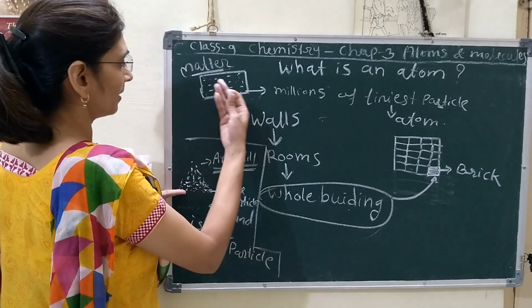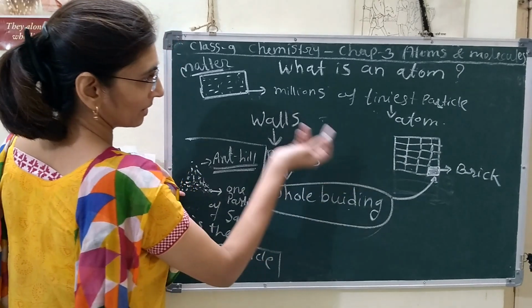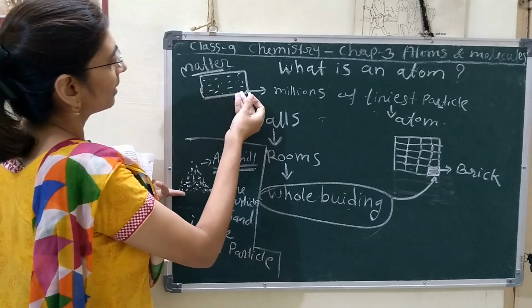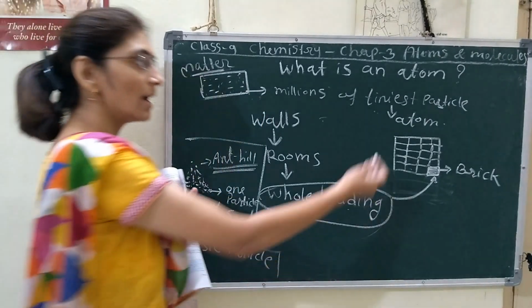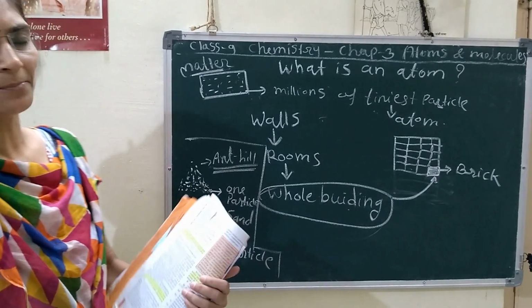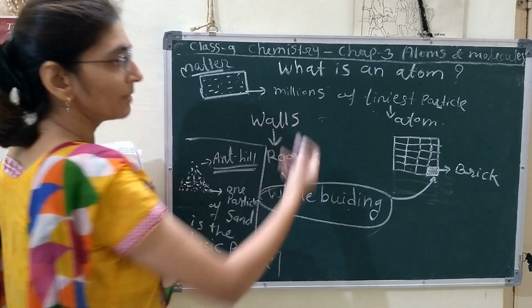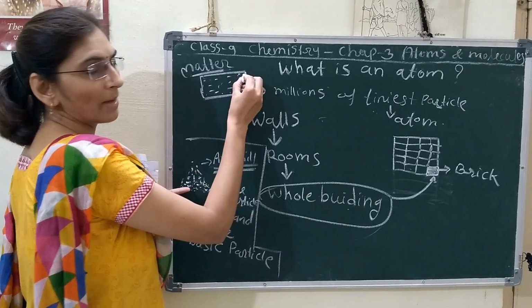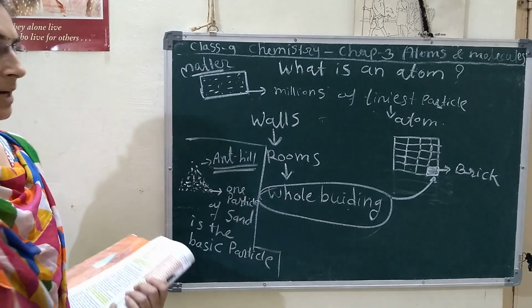Similarly, in similar manner, we can prove that one tiniest particle of any matter is the building block of any matter, that is called atom. Means we can define the atom: atom is a building block of each and every matter.